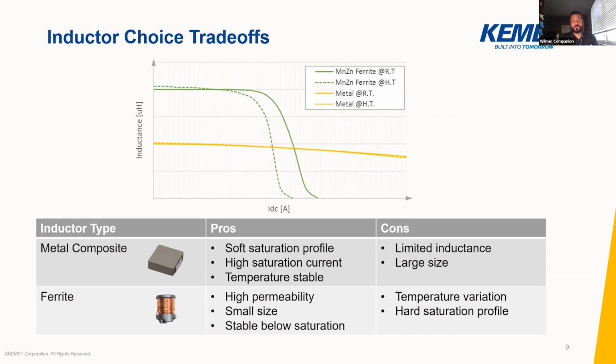Their inductance is stable below that saturation current. But they come with the drawback that there is temperature variation, and they have what's called a hard saturation profile. If you look at the graph at the top of the slide, the inductance versus current of one of these ferrite inductors falls off pretty sharply once you hit that saturation point. And that's not necessarily the case with metal composite inductors.